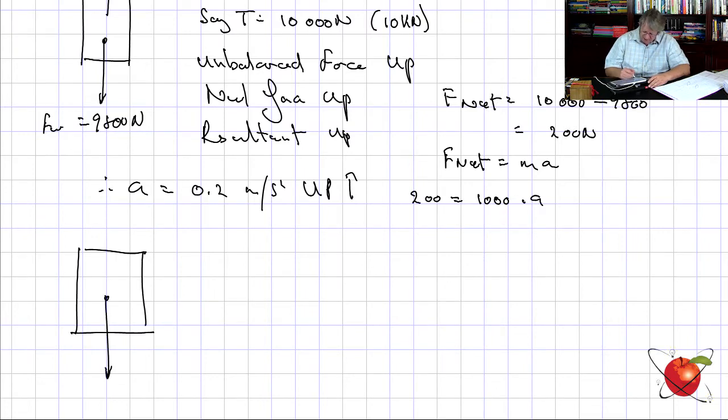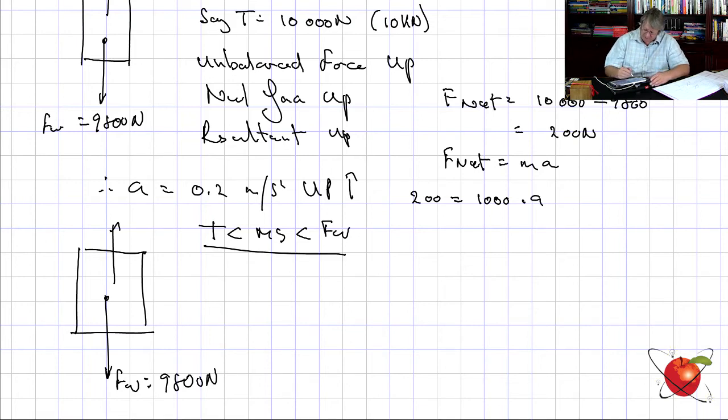What happens? Here we've got again, FW is equal to 9,800 newtons. Here I'm going to do the case T is less than mg, or less than FW, whichever way you want to think about it. So I say T is equal to 9,500.